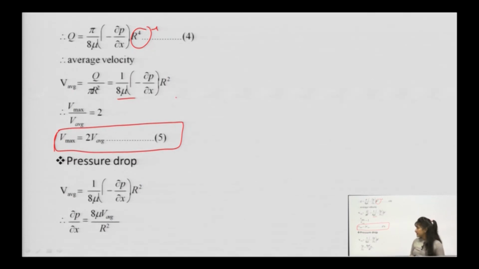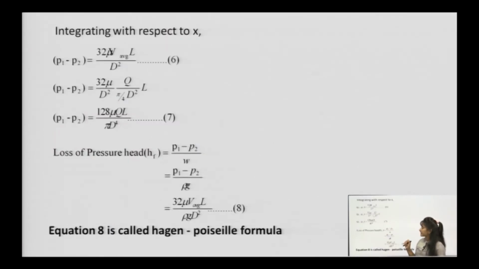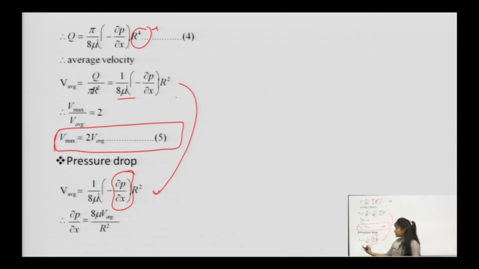For that, we already know V average from this. So, from this equation we are going to take this term out, and we have substituted the other terms in one section. Again, you have got the instantaneous change in pressure with respect to the distance x.